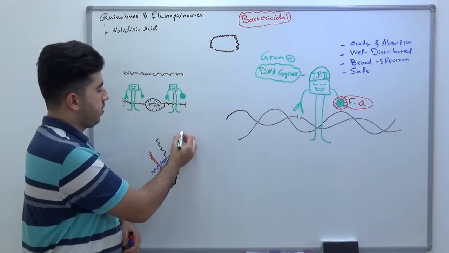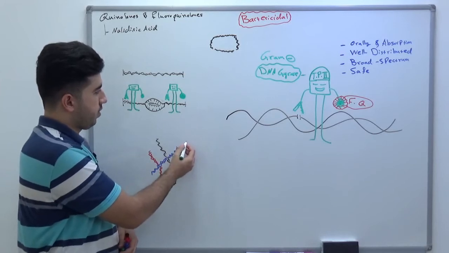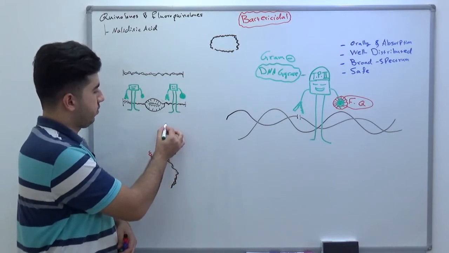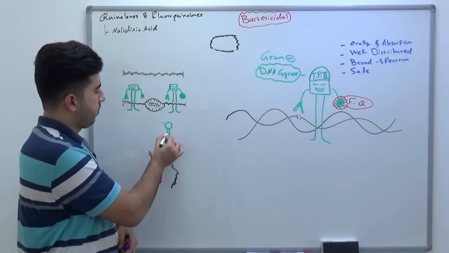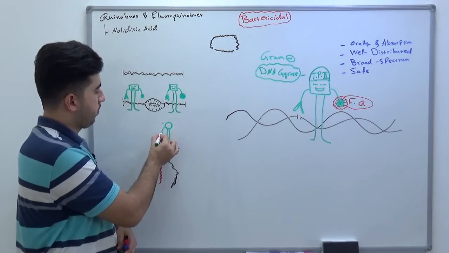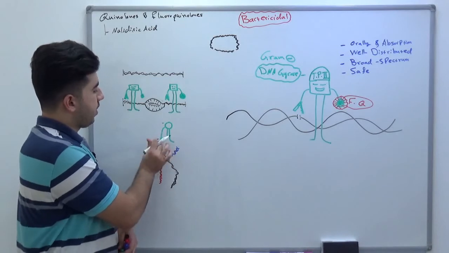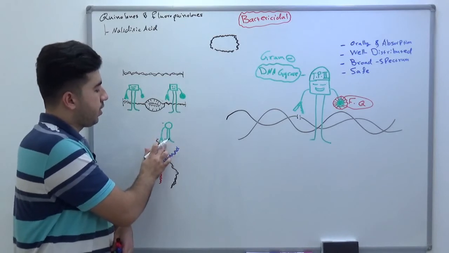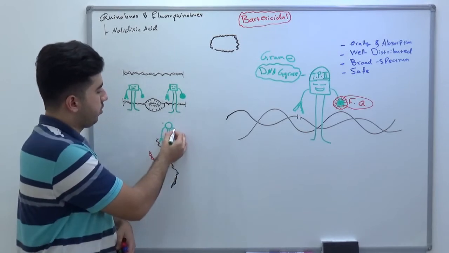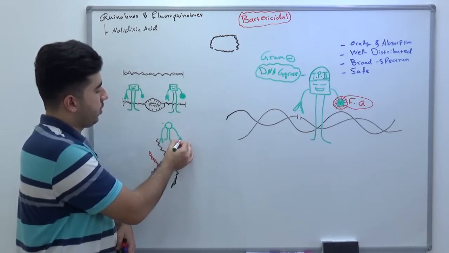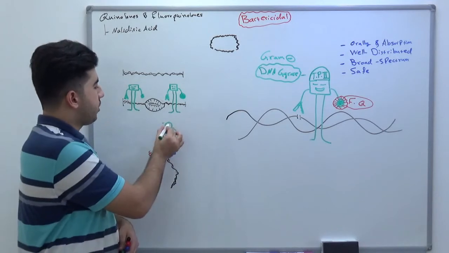Topoisomerase, but which type? Type 4. Okay, it has another a nuclease or cutting arm and also a rejoining arm.